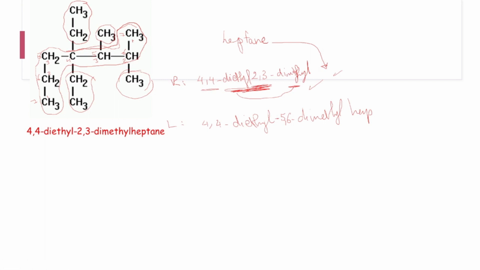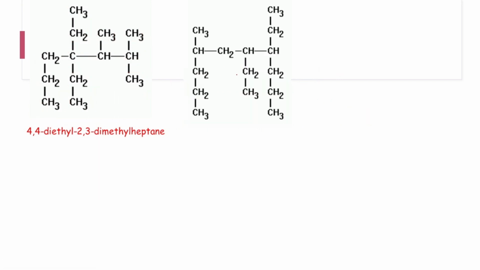Let's have one more example. You can see we have one more alkane here. All the bonds are single bonds, and the chain is going everywhere. So I have to select the longest carbon chain to give an IUPAC name for the compound. And as you can see, of course, common names are going to be very difficult here.